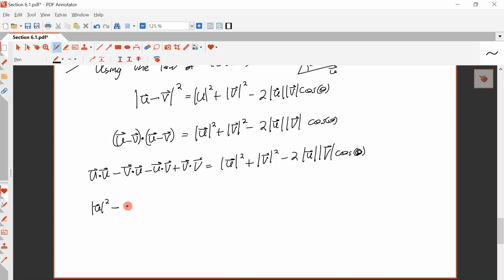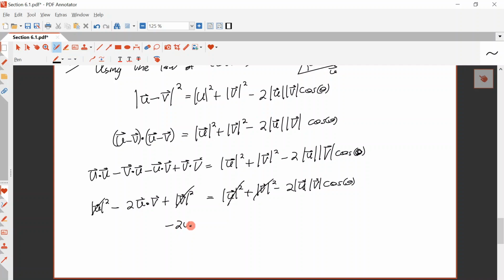It's commutative, so this is minus 2 u dot v plus the length of v squared. Cancel, cancel, cancel.